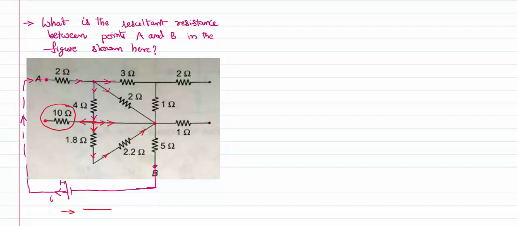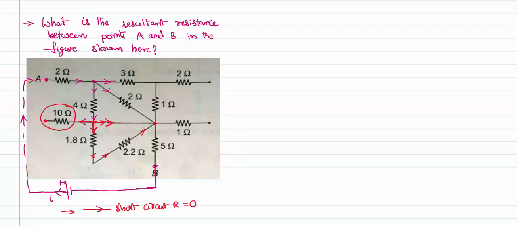Whenever no resistance is drawn in any circuit, that's like a short circuit. Short circuit means it offers zero resistance. So now the current has a choice of traveling through either zero resistance or through 1.8 and 2.2 ohms. Obviously current prefers to travel through the least possible resistance, and hence zero resistance.